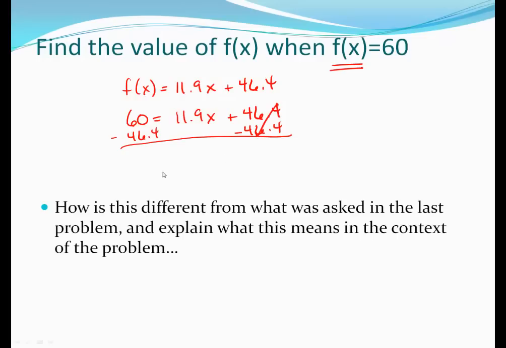Okay, it would cancel out over here. Over here, you would have, let's see, it looks like about 13.6. My math is hopefully good there. And then we would divide by 11.9. Let me just plug that into my calculator and see what we come up with.